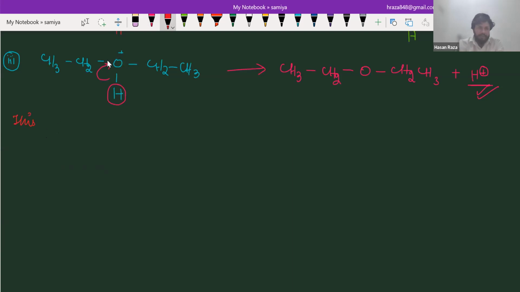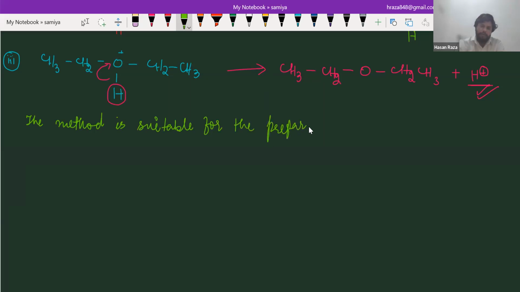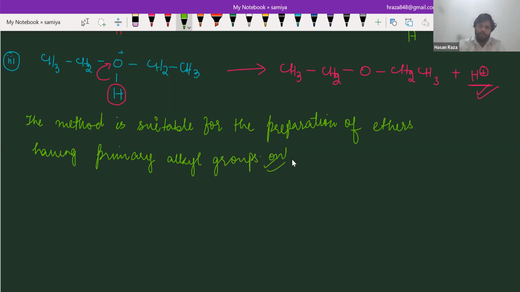The method is suitable for the preparation of ethers having primary alkyl groups, not secondary and tertiary. Only. Just write only this. Primary.